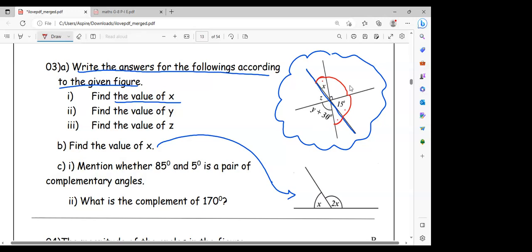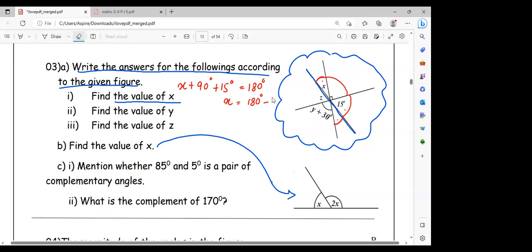Then if you look at the sum of the angles on a straight line segment, we can use that relationship. You can write x added to 90 degrees, added to 15 is equal to 180. So x is equal to 180 subtract 90 plus 15. 90 plus 15 is 105.